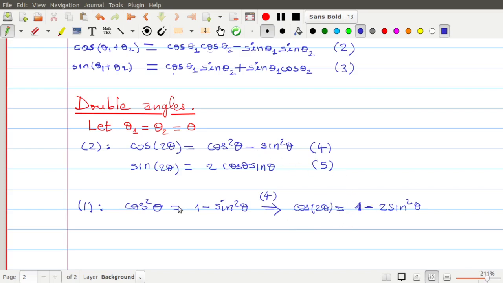And in the same formula, still from 1, we can write that sine square theta is equal to 1 minus cosine square theta.